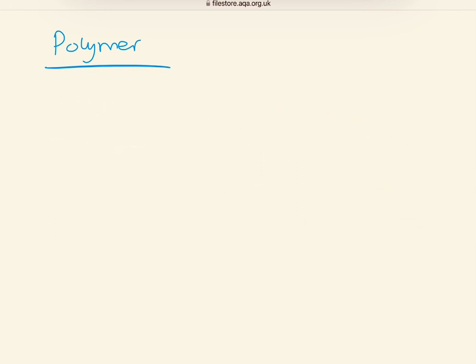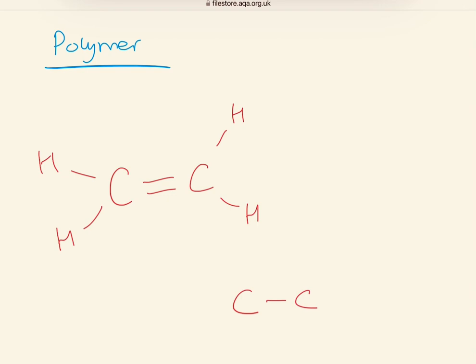So if I had this monomer, what would be my polymer? So the double bond would break, so I'd have C. Then my H's would be at the same place, but maybe more vertical.